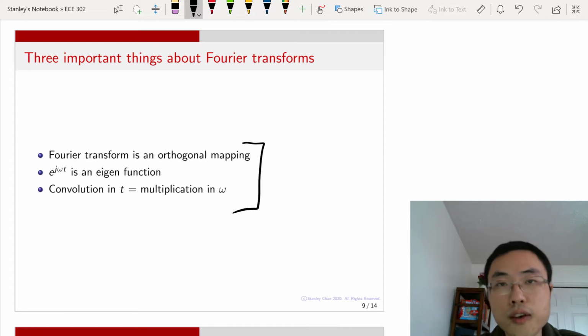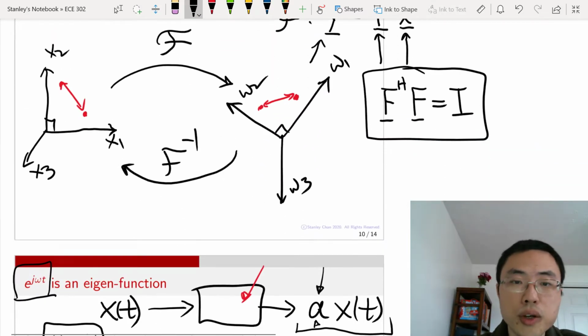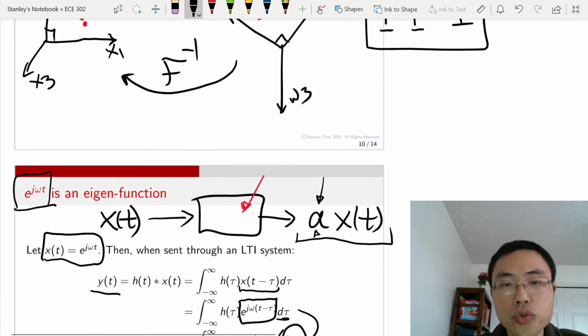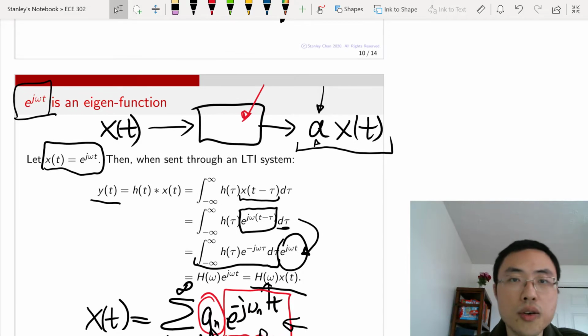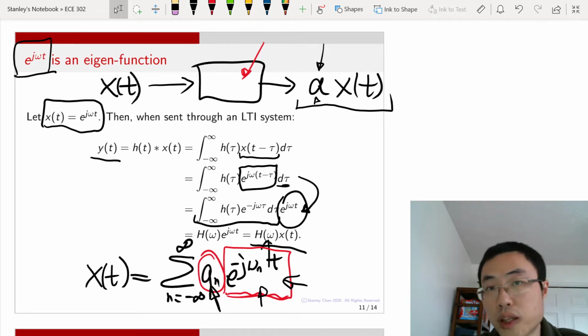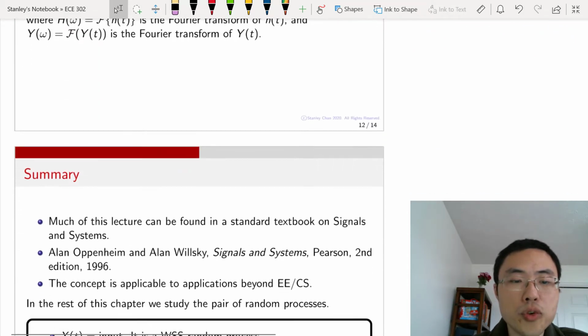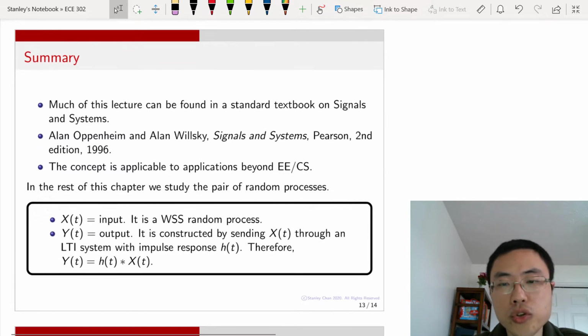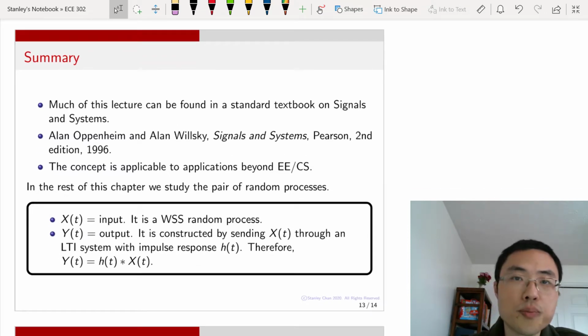And why do we have this convolution in time equals the multiplication in the Fourier domain? These are playing a very important role in random processes as well. It's not just limited to deterministic functions. They are also very applicable to random processes. So what we are going to do in the next lecture is to look at this problem.